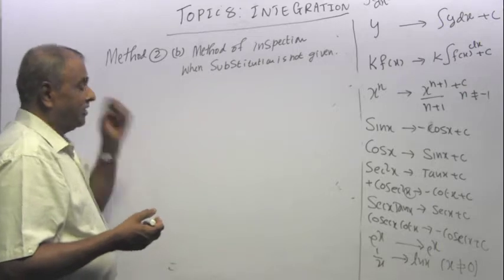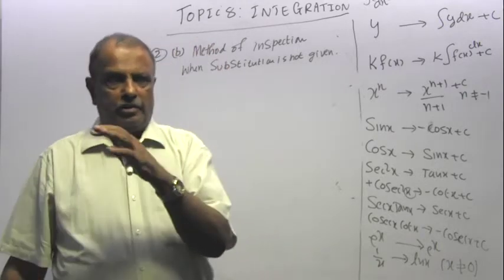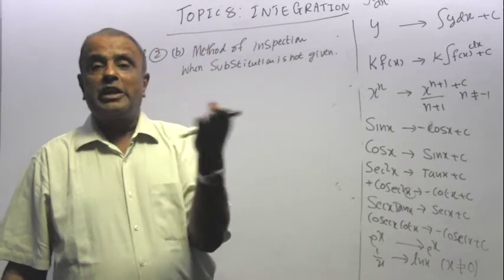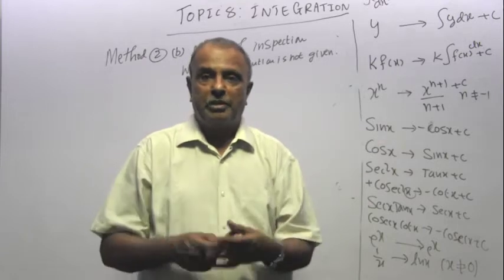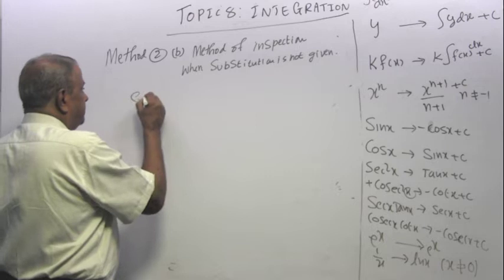Okay. See, last lesson, I showed you how the question doesn't say use substitution, and you are expected to know how to use simple substitutions. Let me take an example.